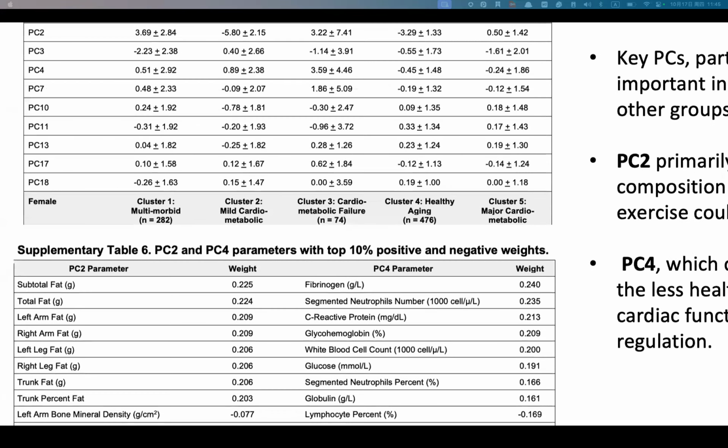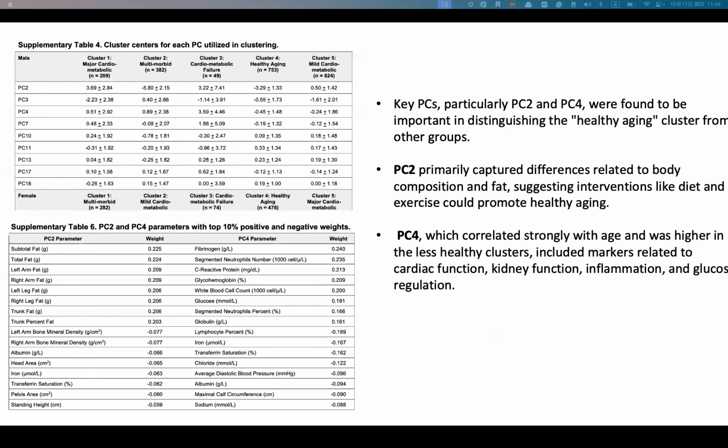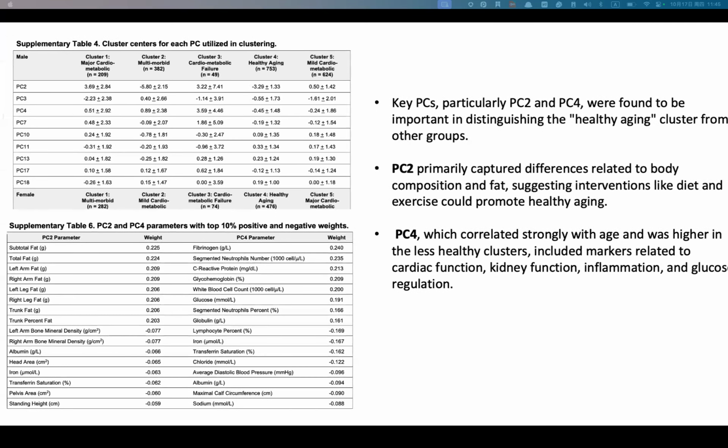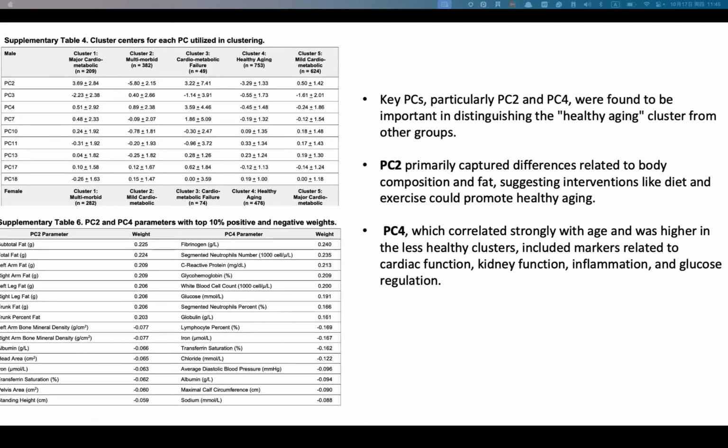And from this table, we can find that the key PCs, particularly PC4 and PC2, were found to be important in discriminating the healthy aging cluster from other groups. The PC2 primarily captured differences related to body composition and fat, suggesting interventions like diet and exercise could promote healthy aging. Yes, we need diet and exercise.